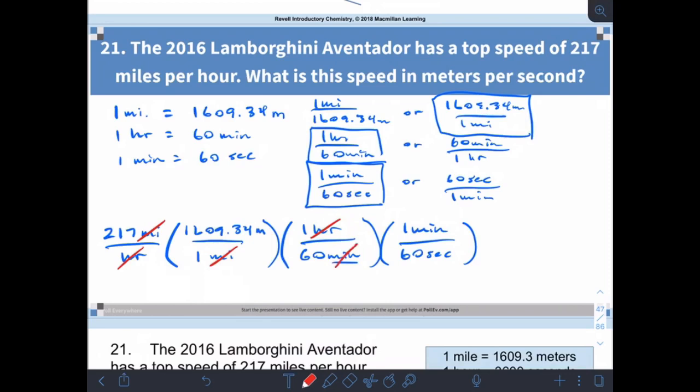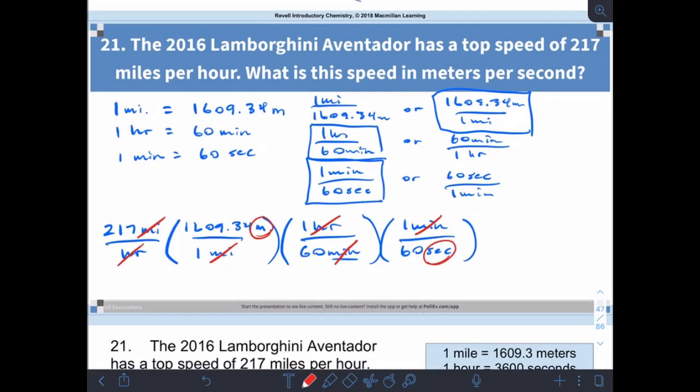So my minutes on opposite sides of the fraction will cancel out. So now my units that are left over, take a look through all this and see that I have meters on top and seconds on the bottom. So I want meters per second. So I'm done. And what's nice about this process is you can look through and check your work. Make sure that you have the answer that you want.